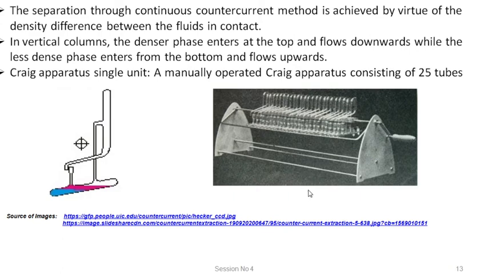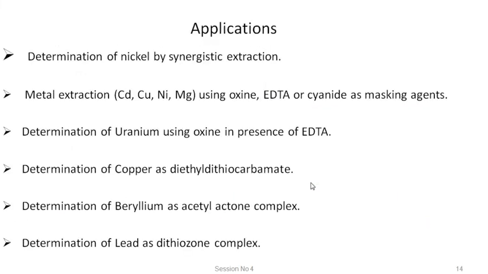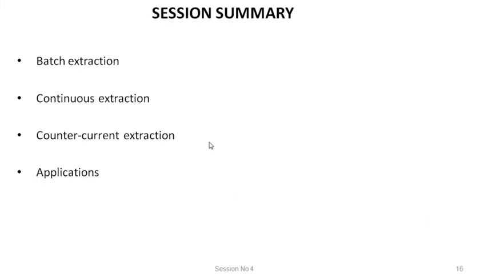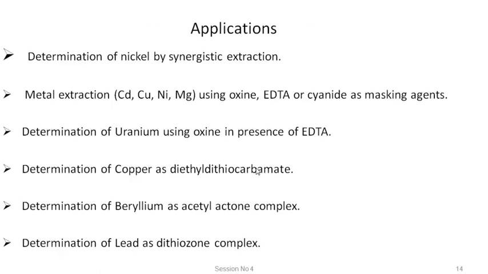So we have seen three types: batch extraction, continuous extraction and countercurrent extraction. Coming to the applications, it can be used for the determination of nickel by synergistic extraction, metal extraction using oxime or EDTA or cyanide as masking agents.